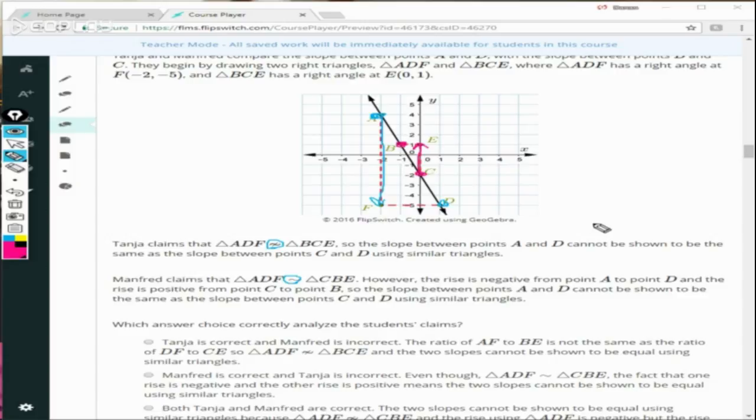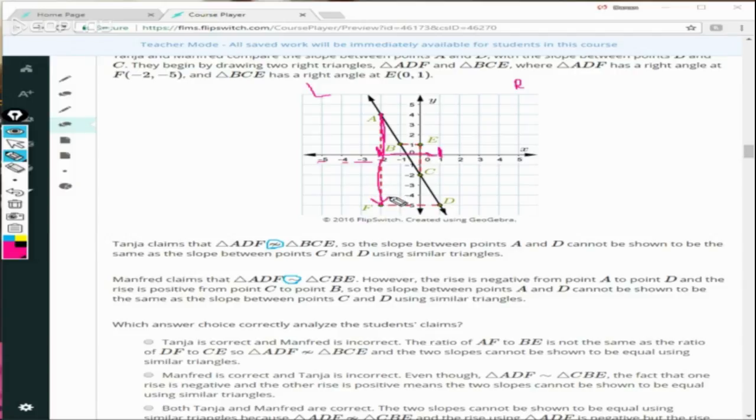When we read a graph, we read it left to right, because that is how the x values increase. So we're reading a graph from left to right to see that the x values increase. So if I'm looking at this from A to D, it was already being read from left to right because the x value at A is -2 and the x value at D is 1. So that's being read left to right. And she is correct.